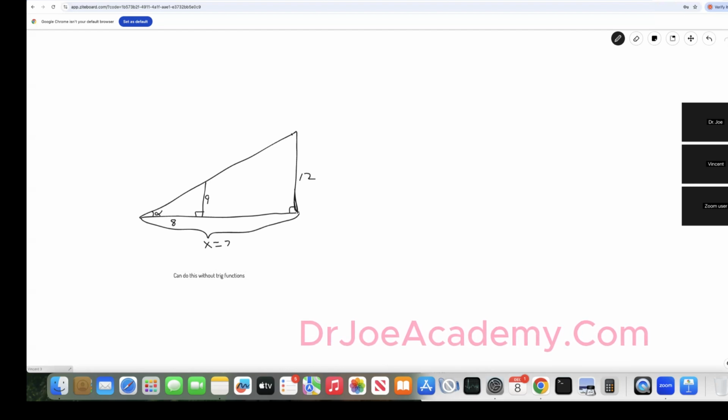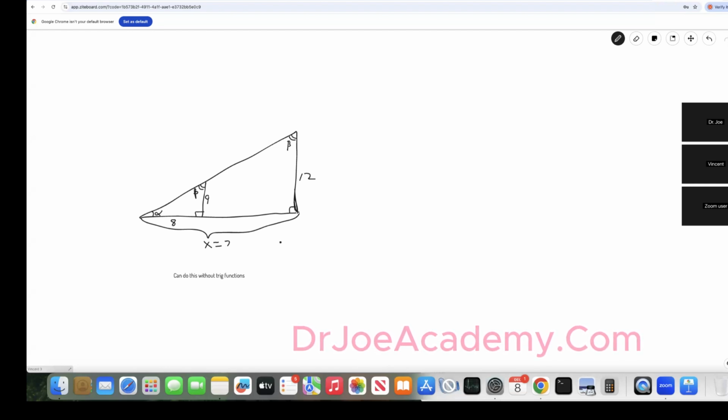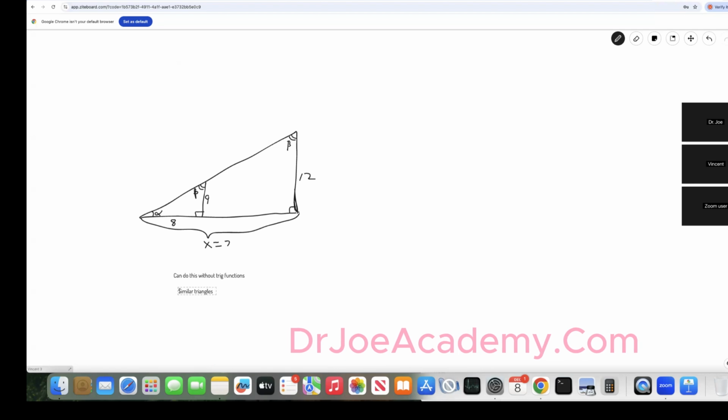So therefore this angle must also be the same as each other, as corresponding angles. So whatever this angle is, it's the same as this angle. That means what we have is similar triangles. So the small triangle is similar to the large triangle.